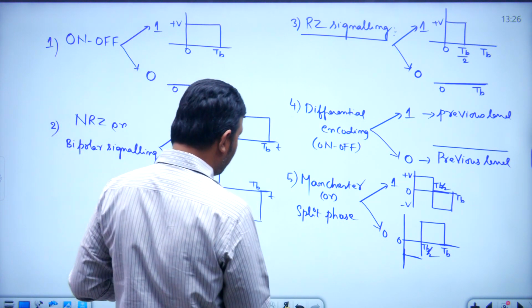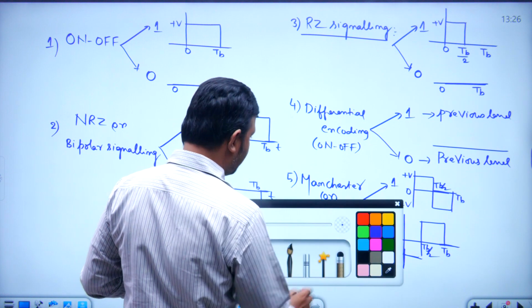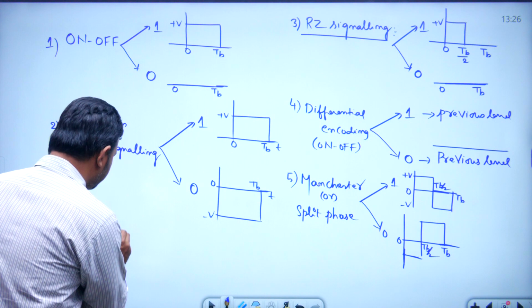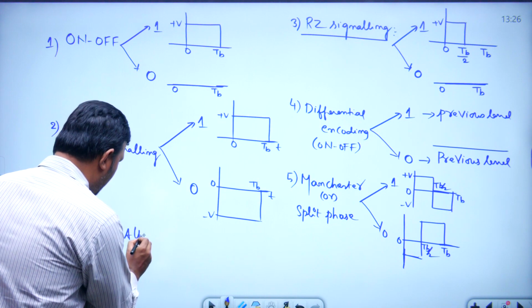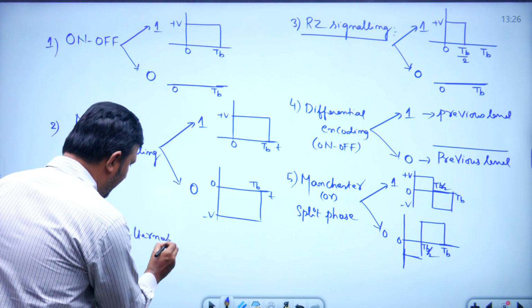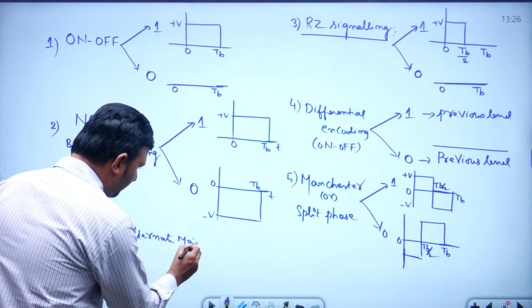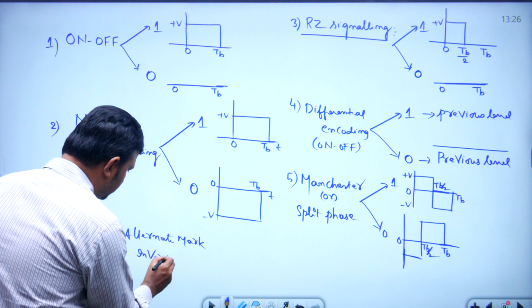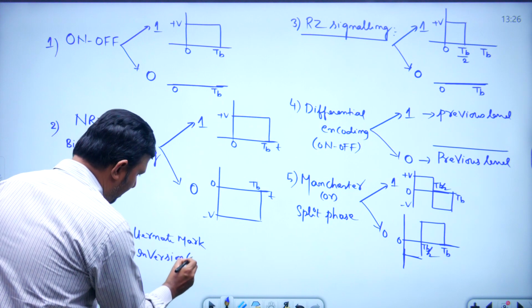And we have one more scheme, the sixth one, alternate mark inversion, AMI.